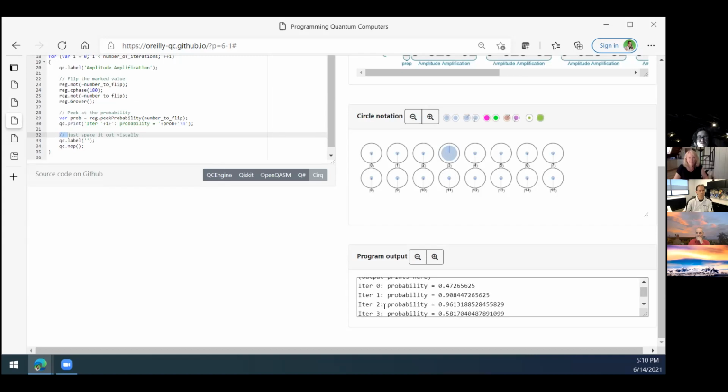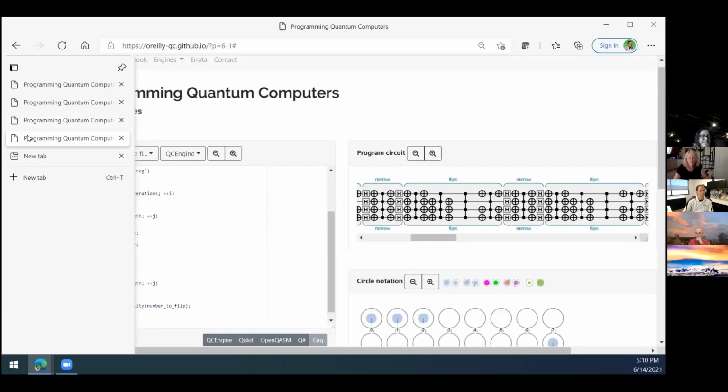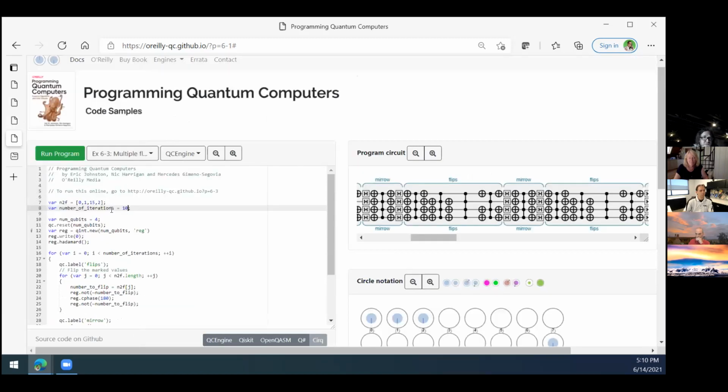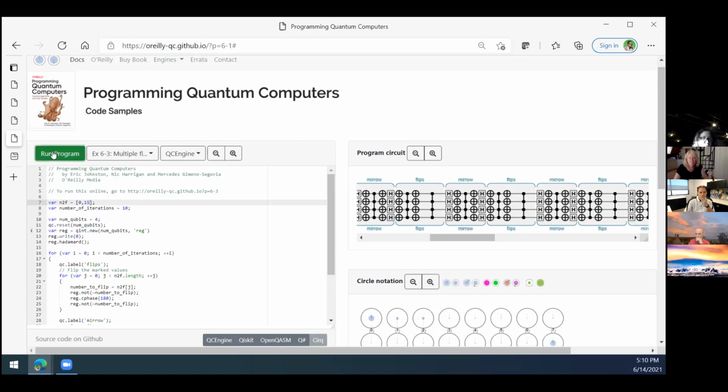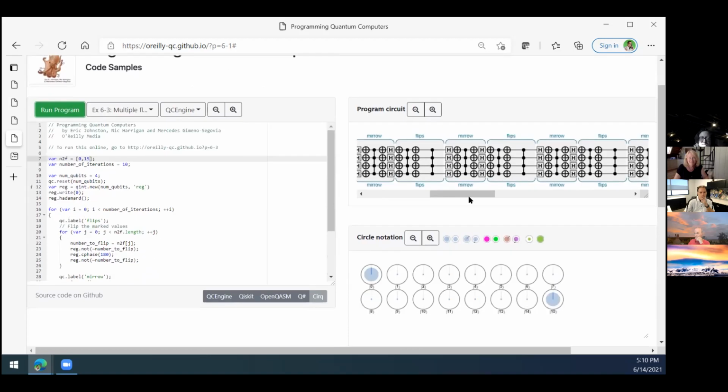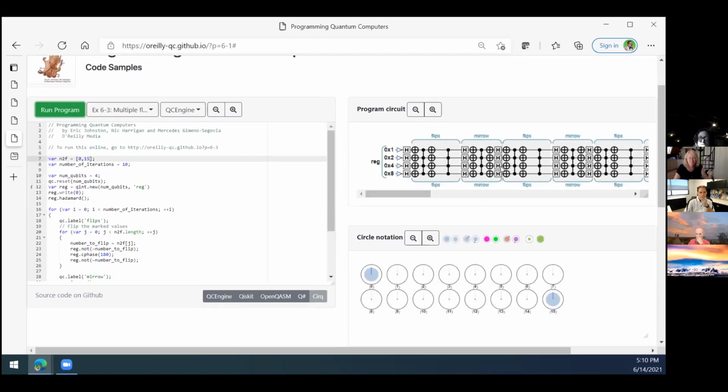So we can see that the 3rd one gives us 96% chance. And with this, you can start marking multiple items. So let's say you wanted 0 and 1, or 0 and 15. I like keeping them separate. So we do that.